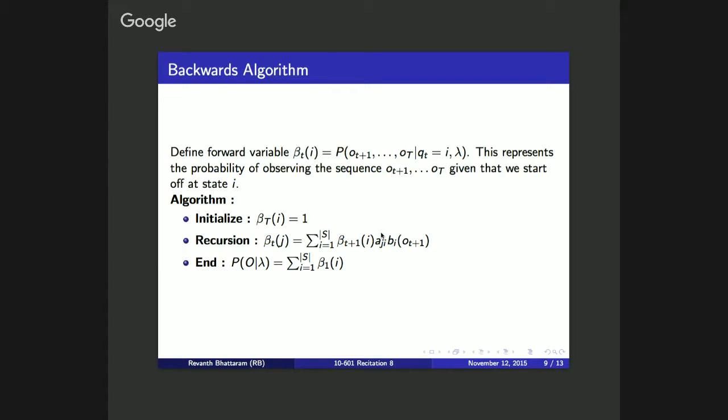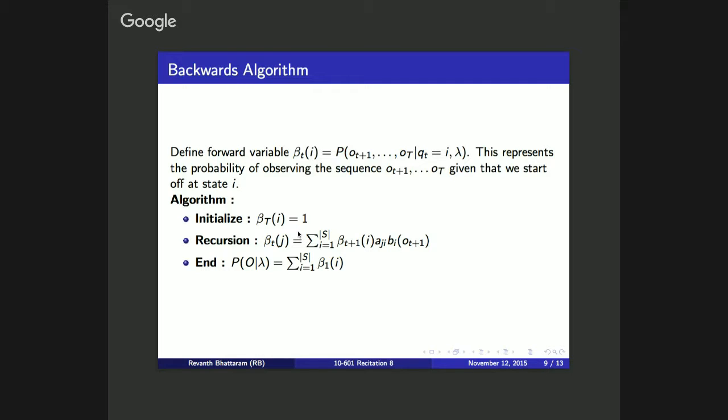So I think there's a bit of correction over here. I will correct this when I upload the slide, but your pi has to be factored in here. Sorry about that. But the general idea of the backwards algorithm, I think, is clear, right? Apart from the end step, which seems like it should include a pi term, the general idea seems to be clear.